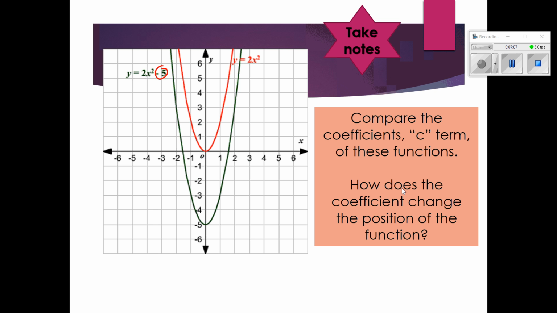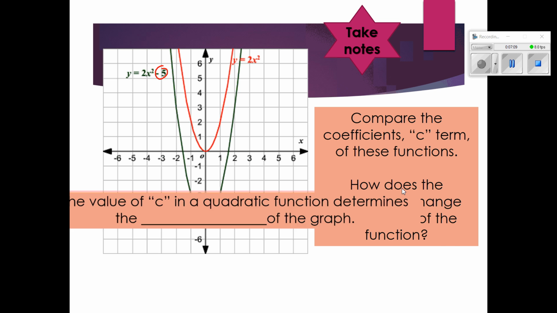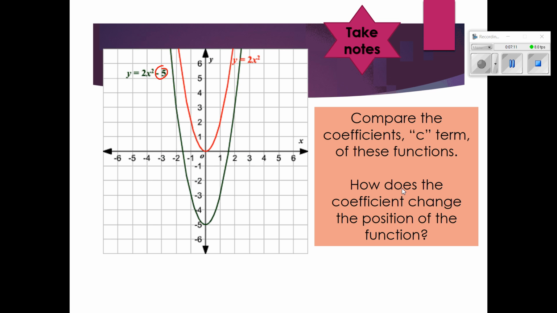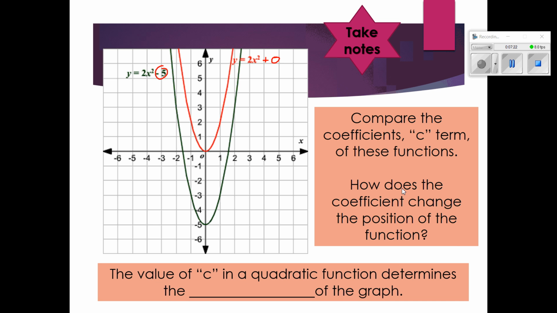And this is going to tell us something about a quadratic function as well. Okay, compare the coefficients in the c terms. In other words, I want you to compare the -5, and this one has no constant, so that is 0. How does the constant change the position of the function? Well, the value of the c in the quadratic function determines the vertical translation. What does that mean?